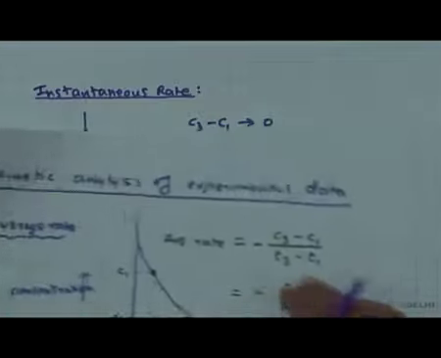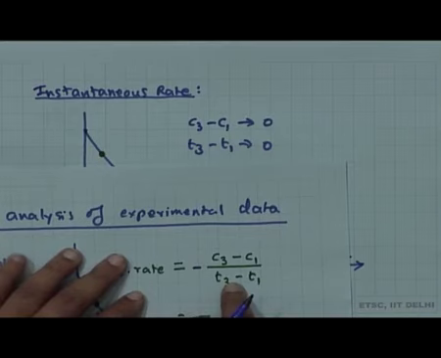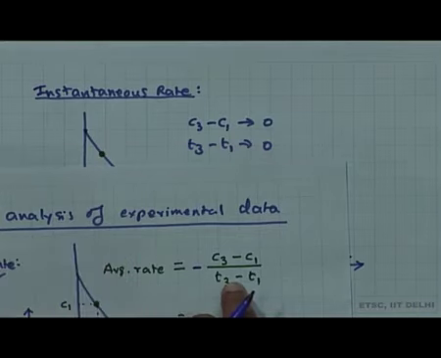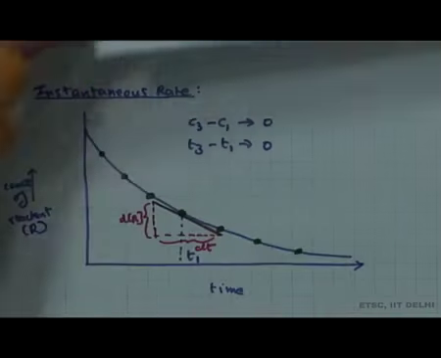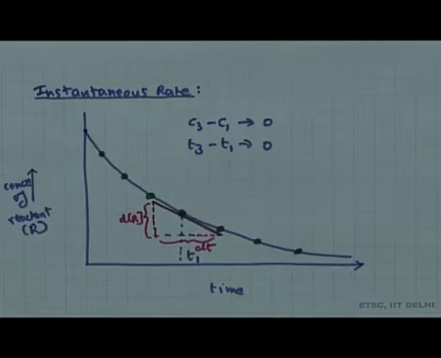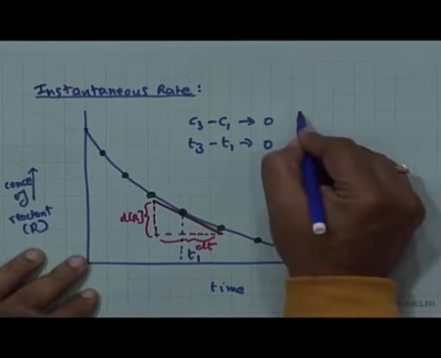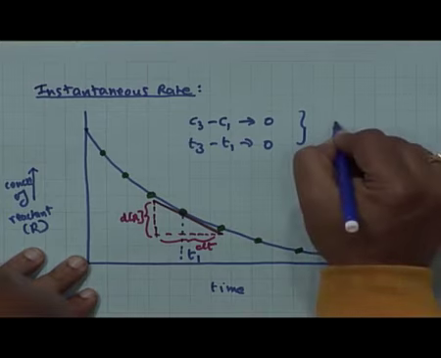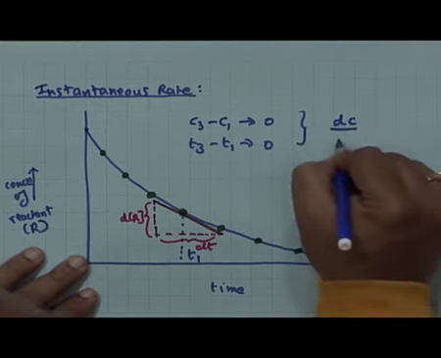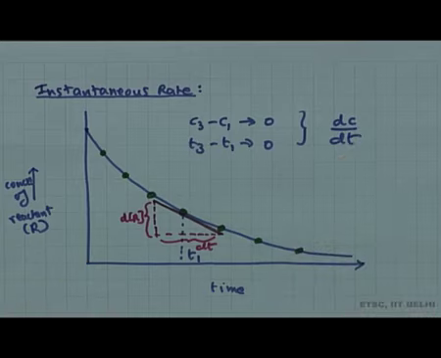So there is a very small difference between C 3 and C 1, essentially meaning I am taking the rate at a specific point. Hence, the instantaneous rate is defined as dC over dt.